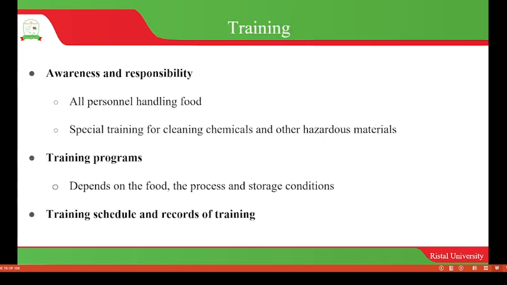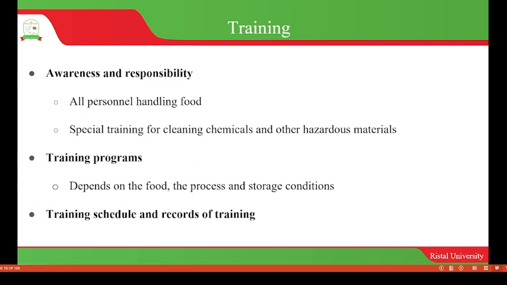Then the other area which is covered by good manufacturing practices is training. Training is very important because it helps the workers who are in the food processing company or food enterprise to know their work with regards to maintaining good hygiene and sanitation, preventing contamination, and so on.